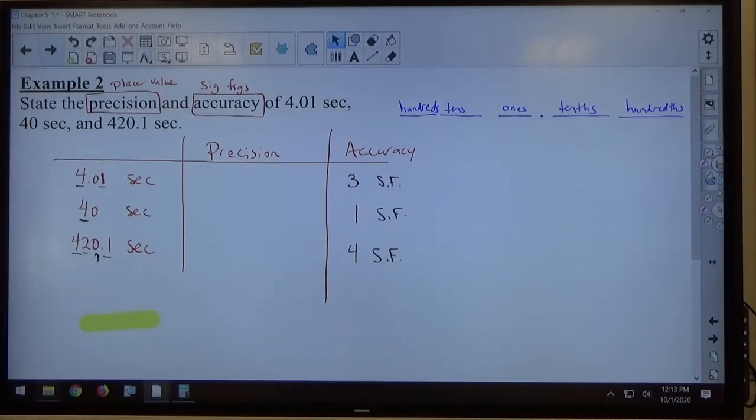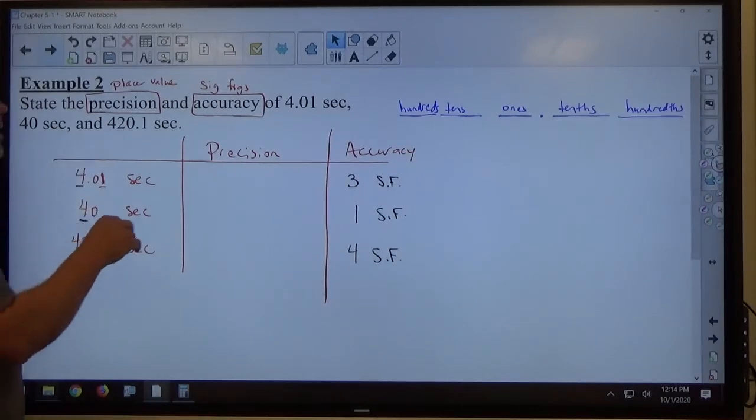So hopefully you'll understand that place value's purpose is to give the proper value to numbers. If I have the number 4 in the tens place, that means 4 tens. Putting it in the proper place matters in a number. So that's what place value is all about. All precision is asking you for is, what is the last significant figure in your number and what place is it in?